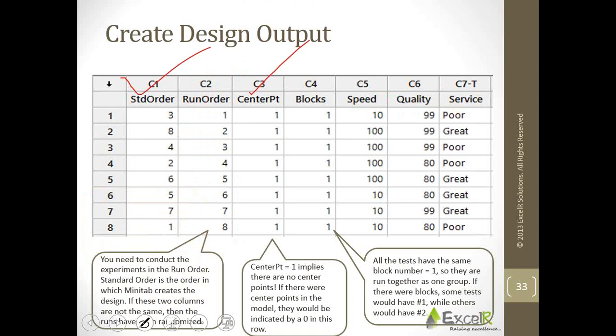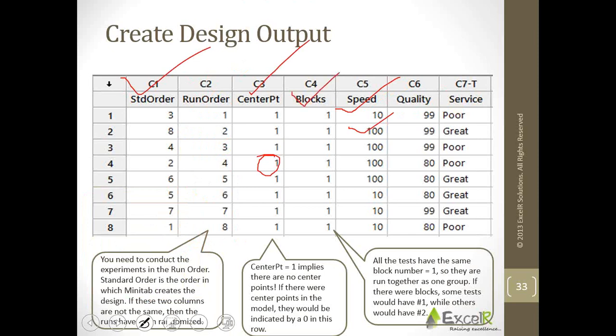If I have two extreme values, speed 10 and 100, low and high, and I include speed as 50 or 40 or 30 or some other number, then there would be a center point. In such cases, a column would have shown 0 instead of 1.